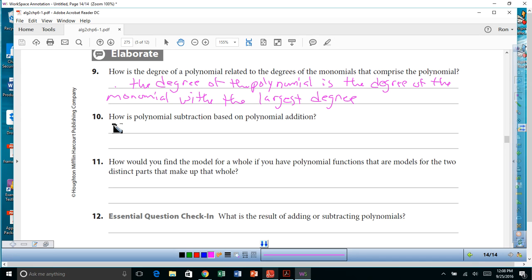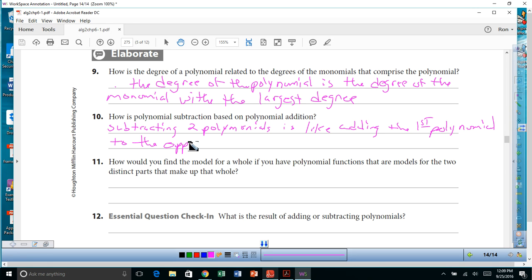Well, subtracting two polynomials is like adding the first polynomial to the opposite of the second polynomial.